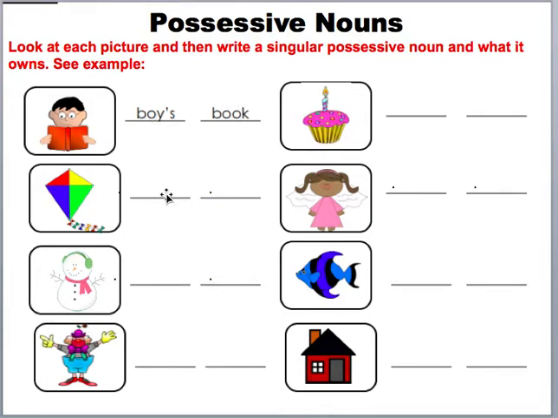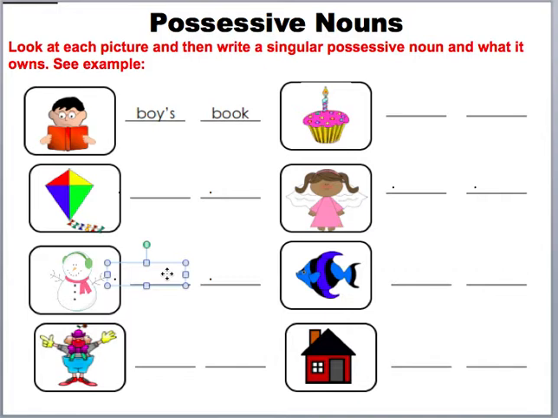Now let's do, for example, number 3. Here we have a snowman, and maybe I can say this is Alia's snowman, or I can look at the snowman and find one item that belongs to the snowman. So I can say snowman is my singular noun and he owns a scarf. So how can I write it down?